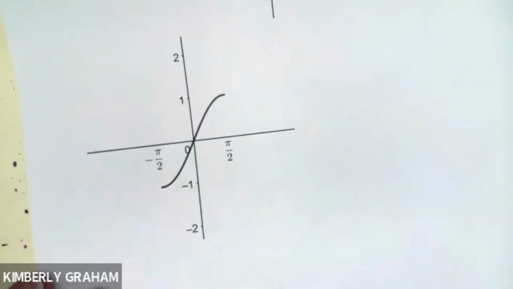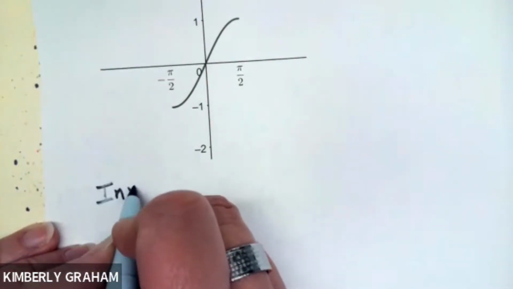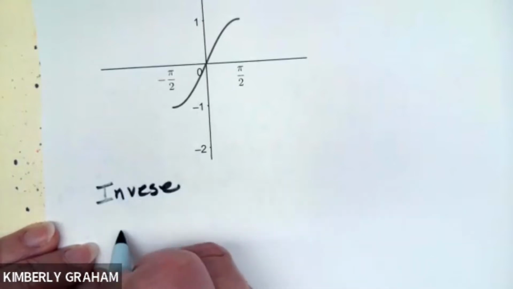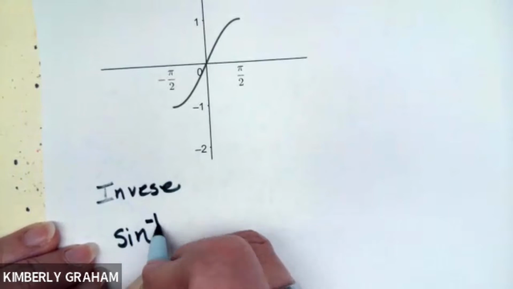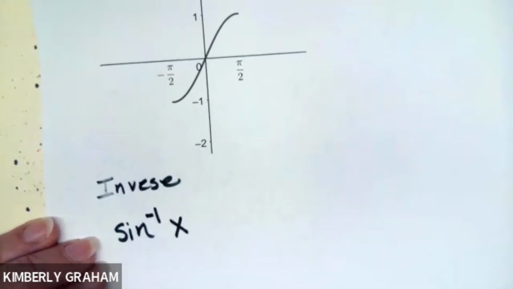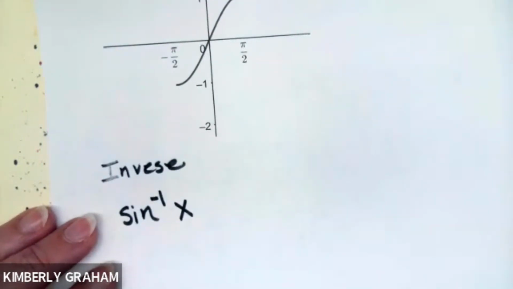So I want to talk about the notation for an inverse sine function. I write sine, I put -1, and then I put x. This is not an exponent of -1.